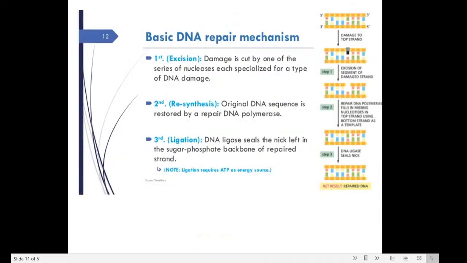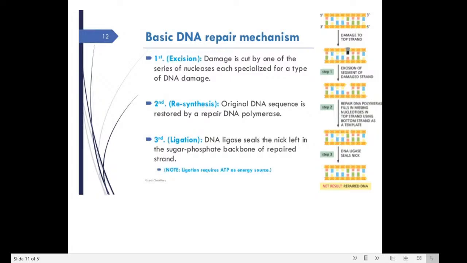Okay, this is the step-by-step process by which we can repair the damage. One is excision, which we discussed earlier. In excision, the damage is cut out by one of a series of nuclease enzymes, each specialized for a type of DNA damage. Another is resynthesis. The original DNA sequence is restored by the repair polymerase, DNA polymerase.